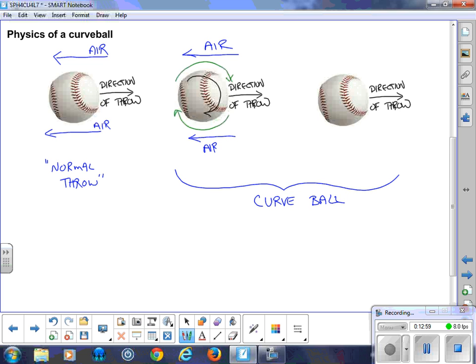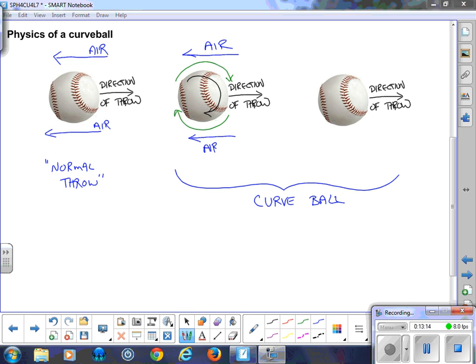So what happens is that when we look at the final frame here, there's kind of a low pressure region here and a high, and it's slowed down.